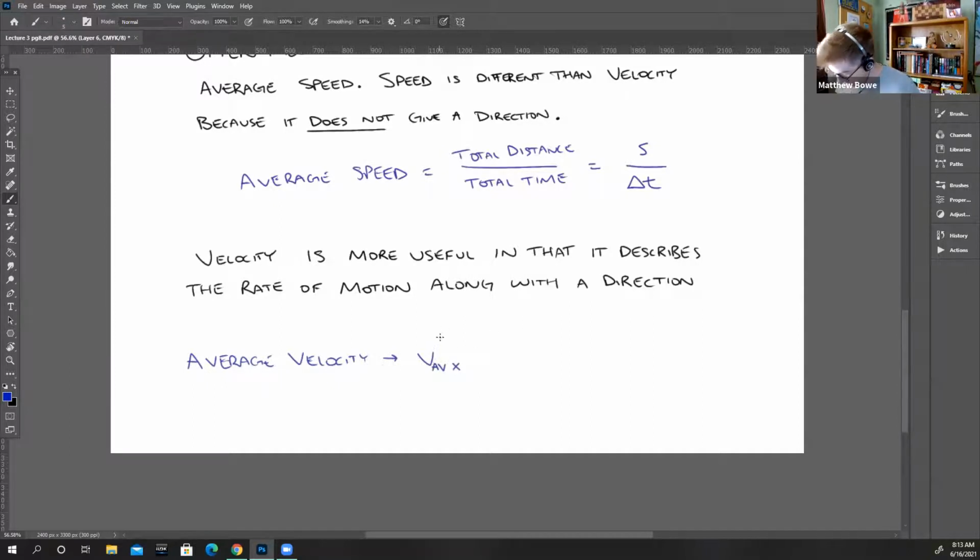So the average velocity in the x direction is delta x, so change in position, over delta t. And I could write that out in full as x final minus x initial over t final minus t initial.